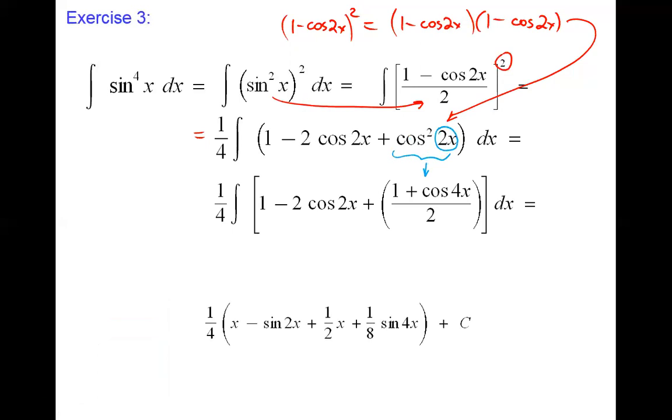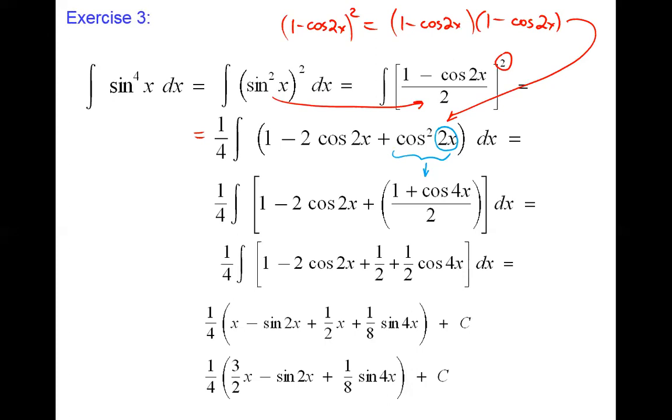Let's see all my presentation. What I did, I still copy 1, I still copy this function, and this one I kind of split by 2: 1 over 2 is 1/2, and cosine of 4x times 1/2. Okay, I can do it this way.